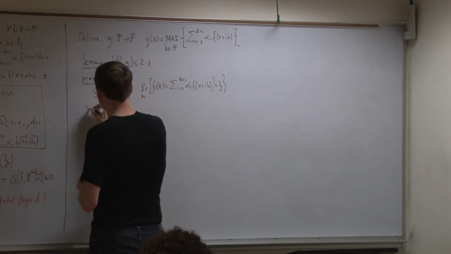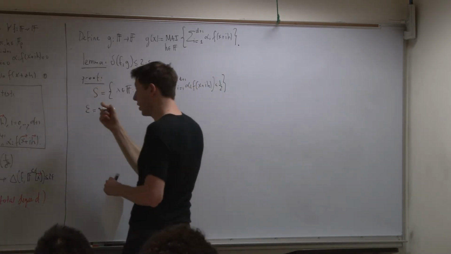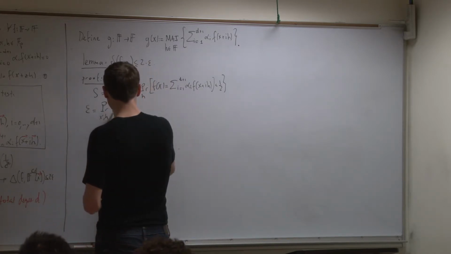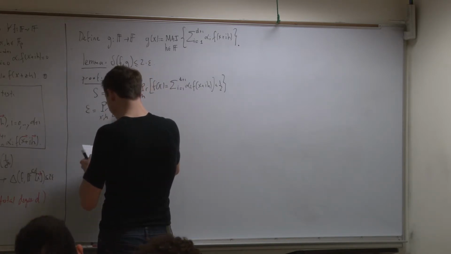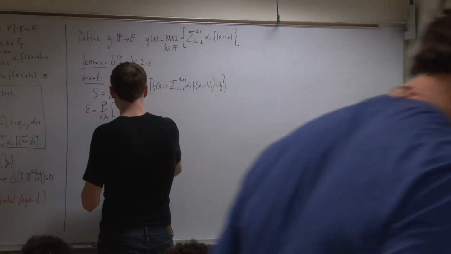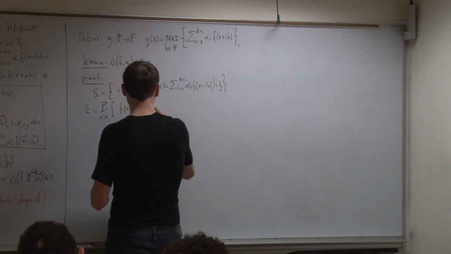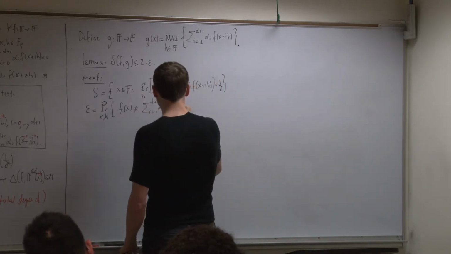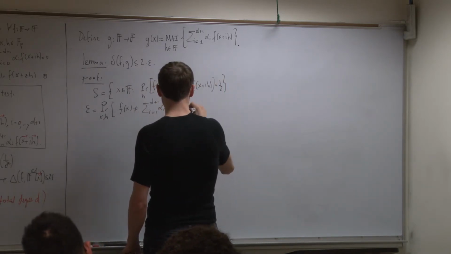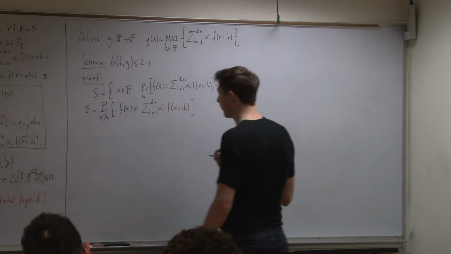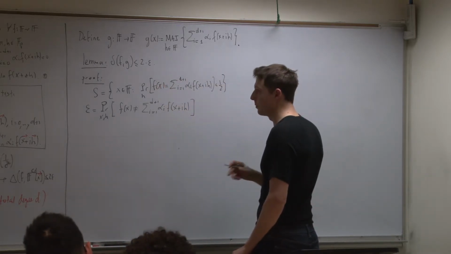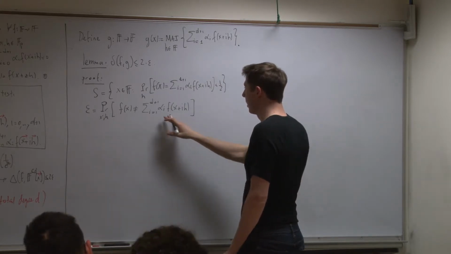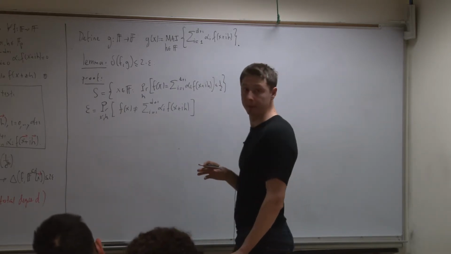Now epsilon, the rejection probability of the test, is precisely the probability over x and h that f of x is not equal to the sum from i equals 1 to d plus 1 of alpha_i f of x plus ih. Again, I'm using the fact that alpha_0 is minus 1. So this is exactly our rejection probability.